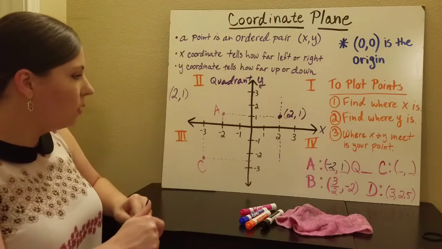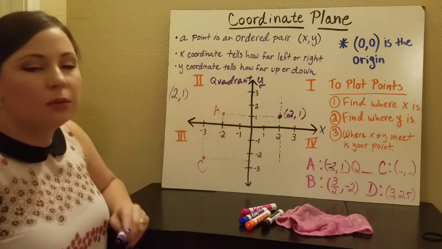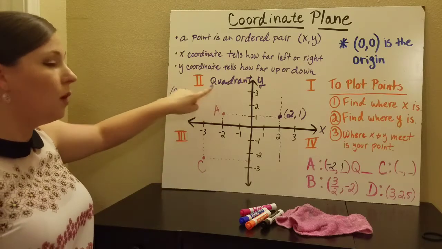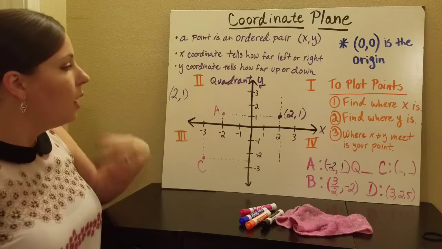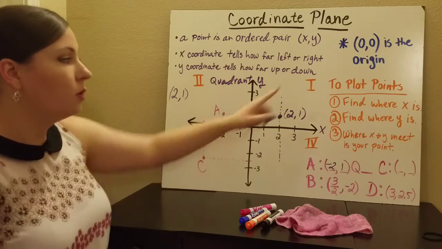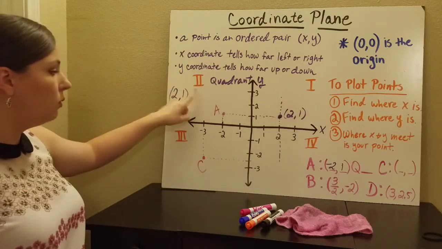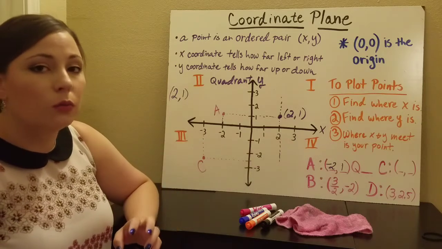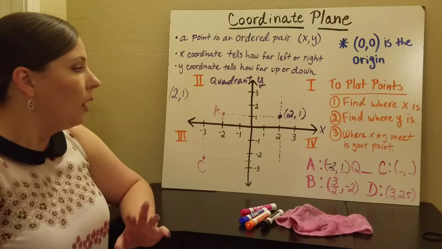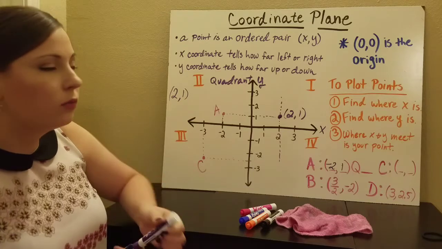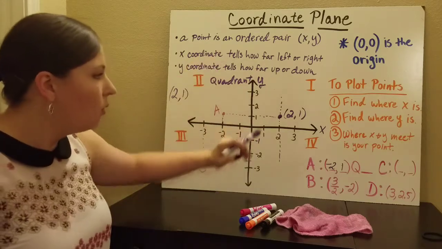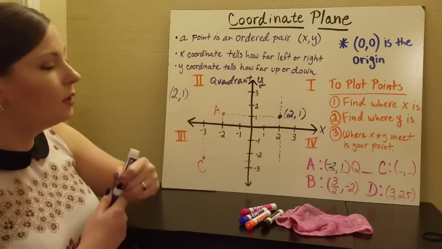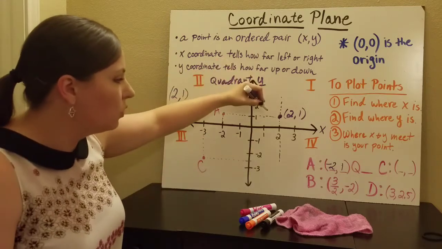If you notice, our coordinate plane is split up into 4 parts, hence quadrants. Quad means 4. They are called quadrant 1, 2, 3, and 4. They use Roman numerals to name them. You can remember the order for how they go: it's counterclockwise, which starts with a C. And you start in quadrant 1.